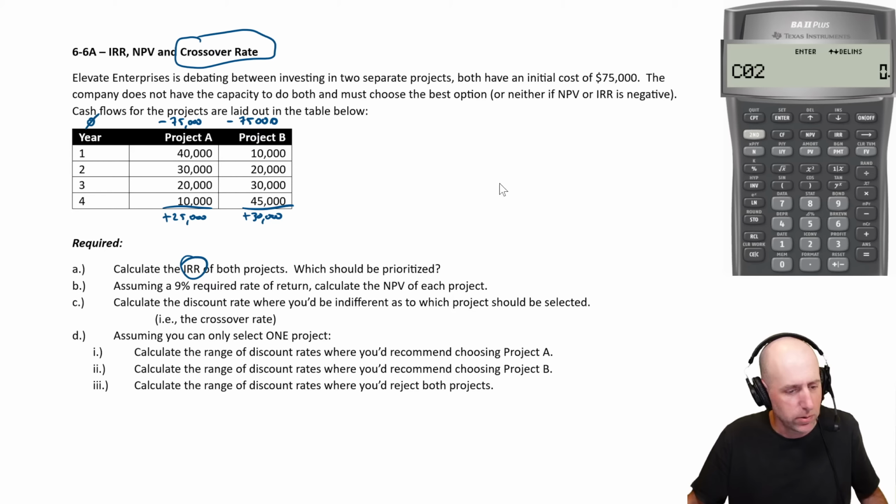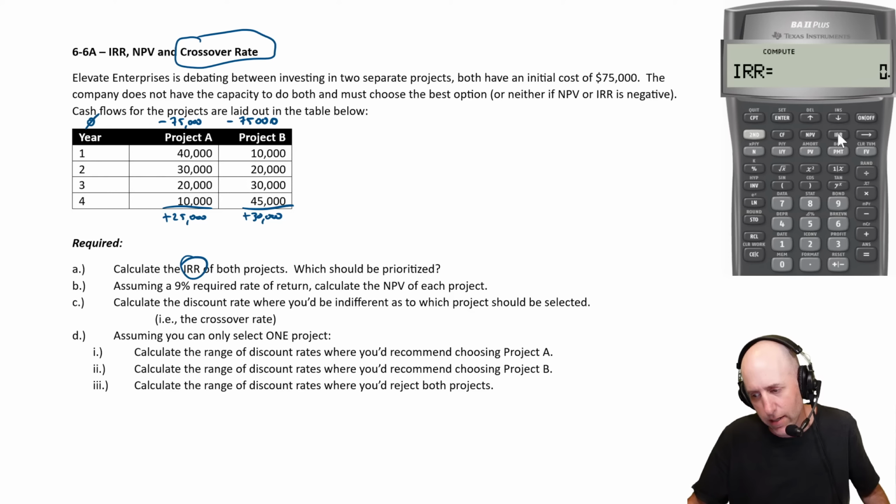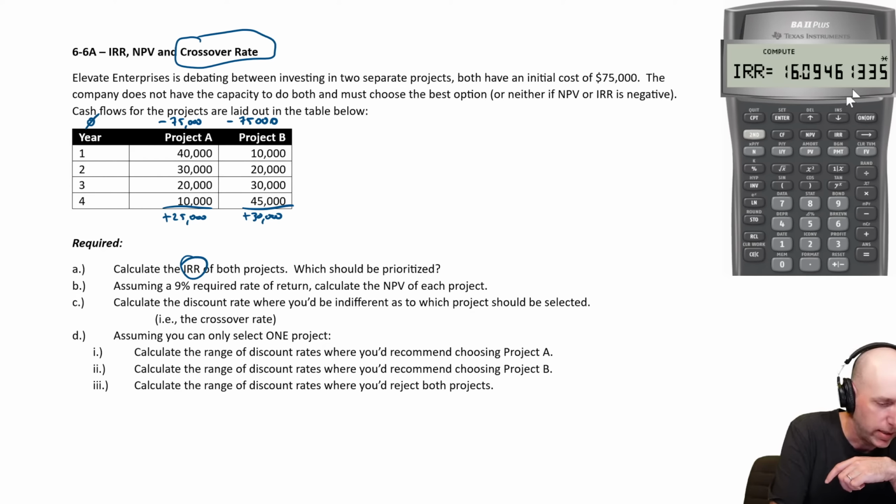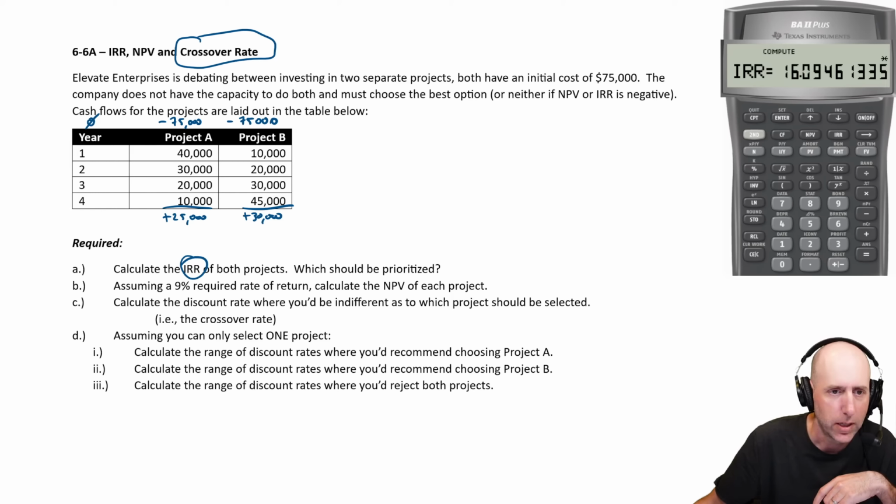Cash flow at time 2, 30,000 positive. Enter. Cash flow at time 3, 20,000. Enter. And cash flow at time 4, 10,000. Enter. And now I compute the IRR. I hit IRR, compute, 16.09%.